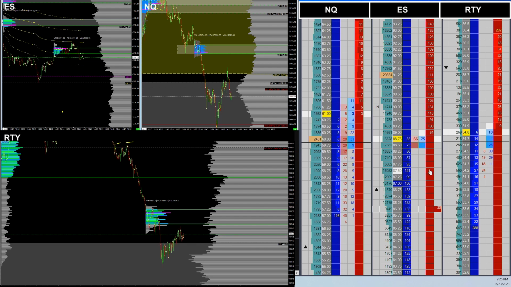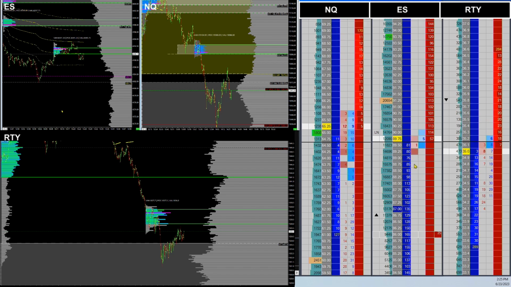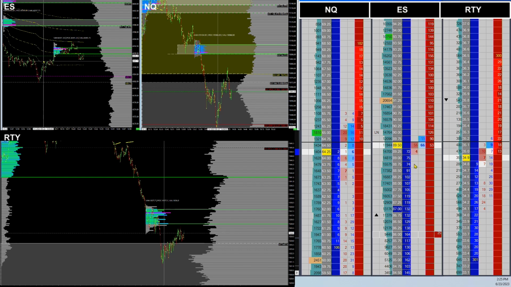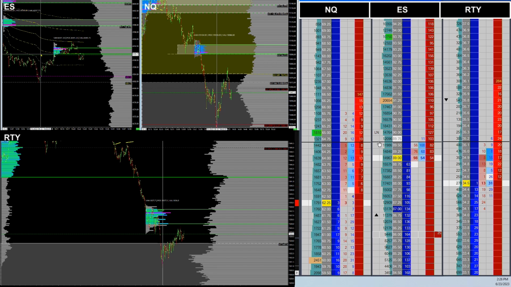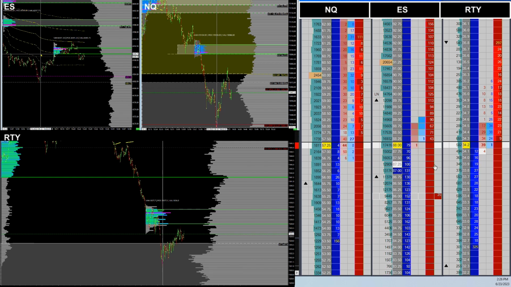I know we're sitting pretty. Let's see if we can get a pullback here. 89.75. There might be a pullback. Probably should have actually took the trade off right there.